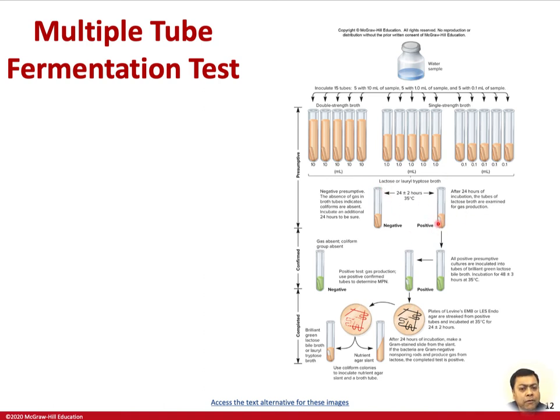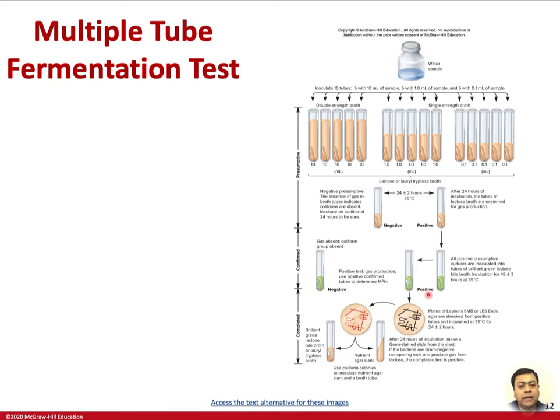If you see a bubble, indicated by just this small clear area inside that Durham tube, that means there is some gas formation by the bacteria, and that is a positive indication. So at that time, this broth is inoculated into something we call a brilliant green bile broth.